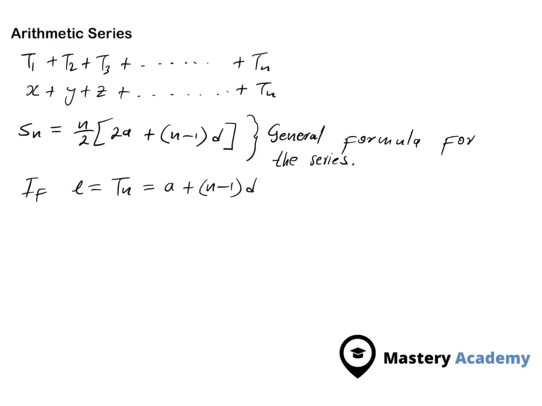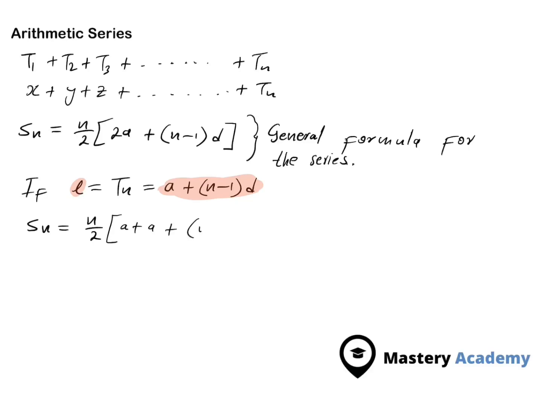If we go onto this and substitute, where we find this part, we just replace it by L. So doing so, we can rearrange this to have something like this. So we can say Sn is equal to n over 2, and then we have a plus a. So instead of having 2a, we make it a plus a.